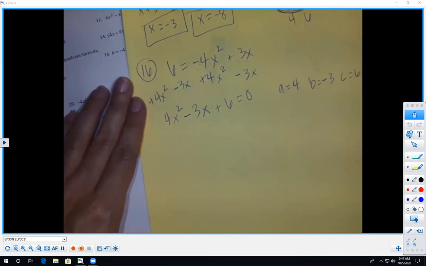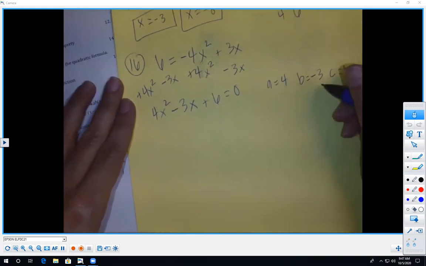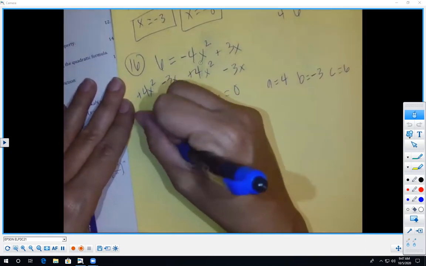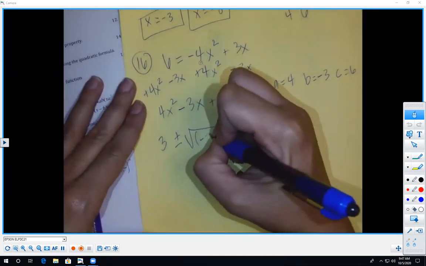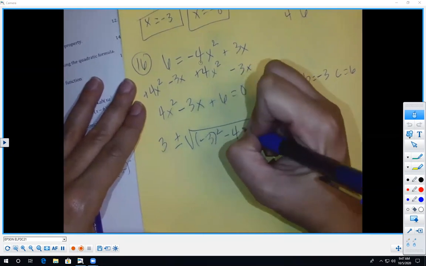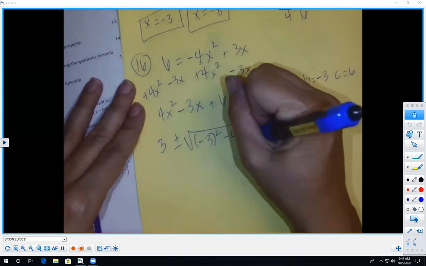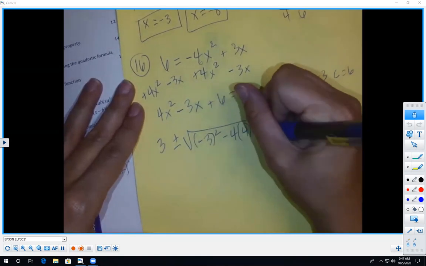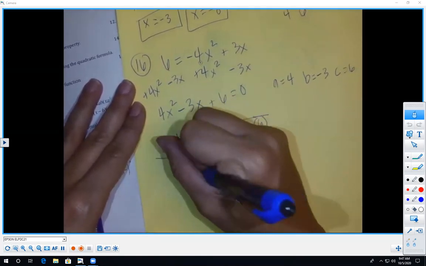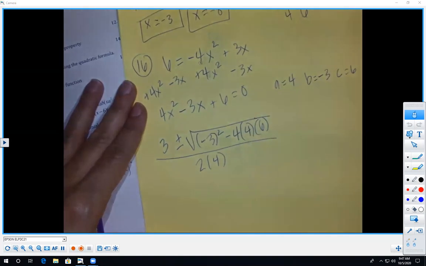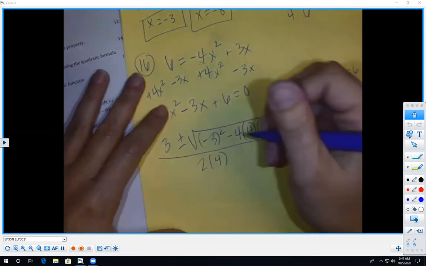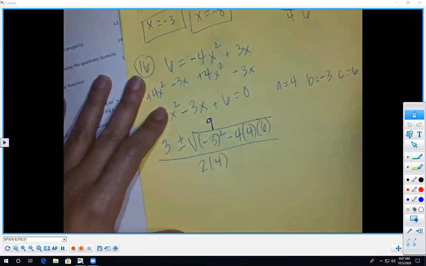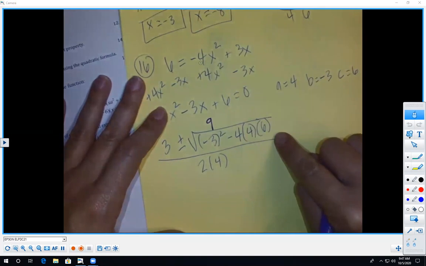Plug it in the quadratic formula. So negative B means change the sign of B. So positive 3 plus or minus the square root of B squared. So negative 3 squared minus 4 times my A value is 4 times my C value is 6. All divided by 2 times 4. So negative 3 squared would be positive 9. 4 times 6 is going to be 96.